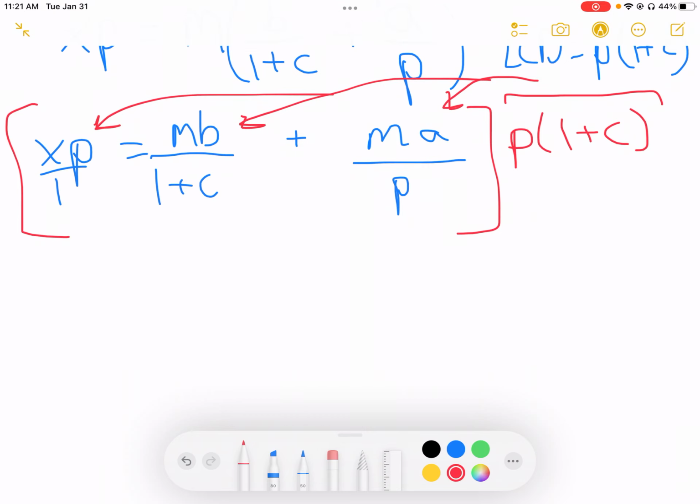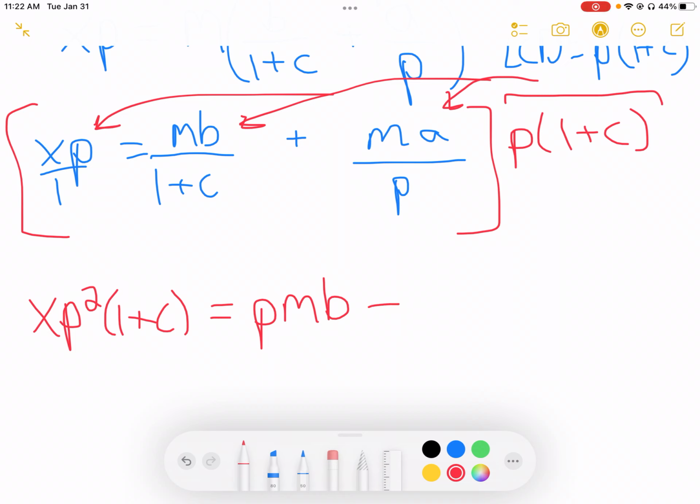So I'll have XP squared, doing a little simplifying as I go, and then XP squared times 1 plus C, and then equals. If I do P times 1 plus C for this one right here, do you see that the 1 plus C will cancel there? So I'm just going to write PMB, because that cancels the denominator.